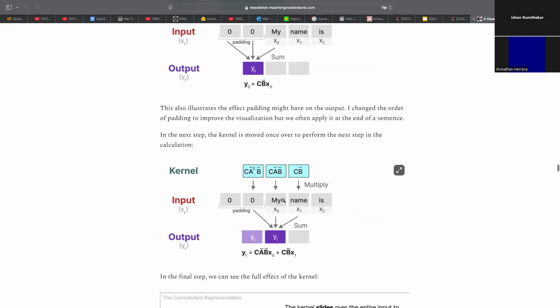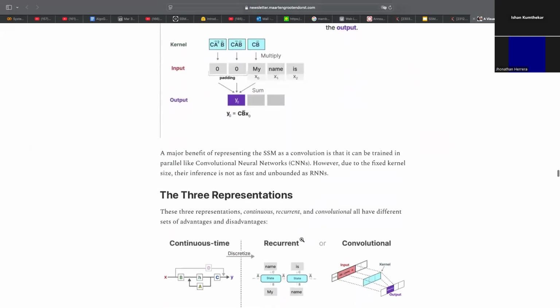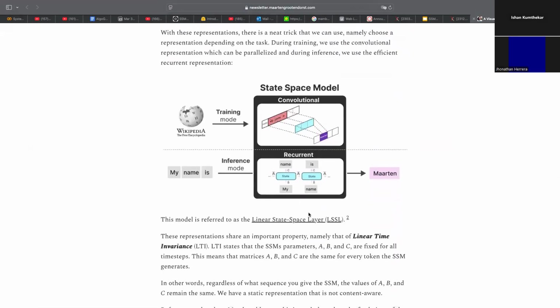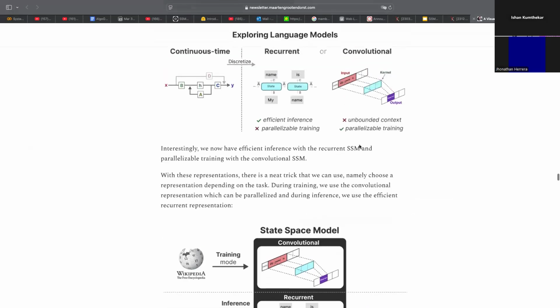This will probably move to these three and predict Martin. It's a very simplified version of it, just in a 1D vector. So these are the two main ways you can do state space models: convolutional with a filter, or recurrent, just doing it how I showed you previously. Of course, they both still have their own issues.